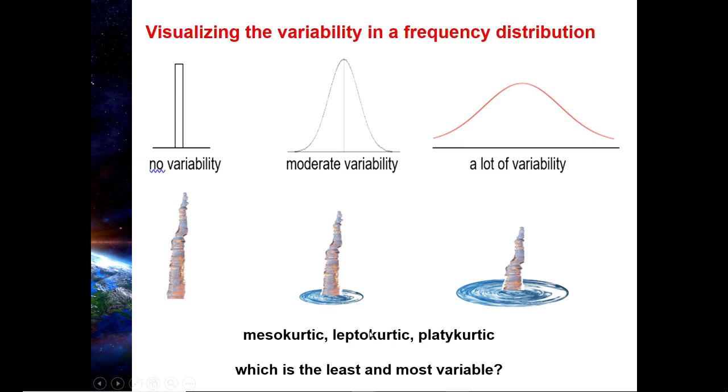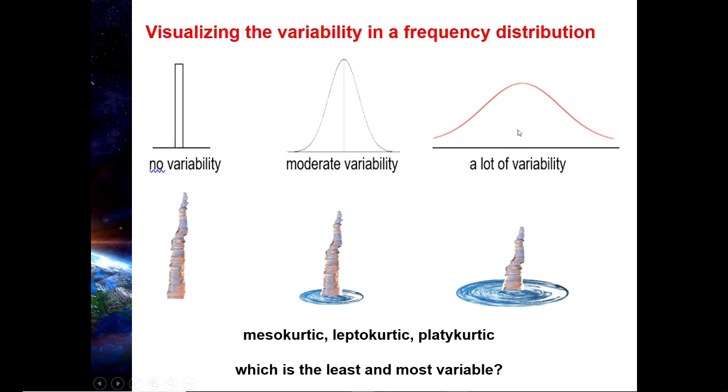So when we say which one is the least variable, it would be the one where we see the most clustering, and that would be this one, leptokurtic. Platykurtic would have the most variability. Okay, so least variability is leptokurtic because there's the most clumping or clustering. And then platykurtic would have the most amount of variability because we see the most dispersion here.